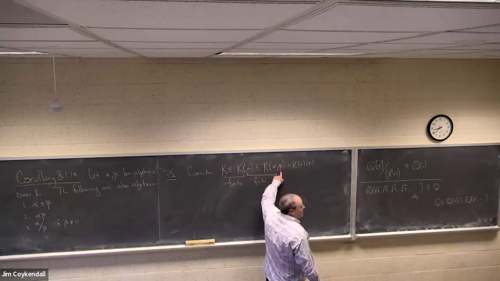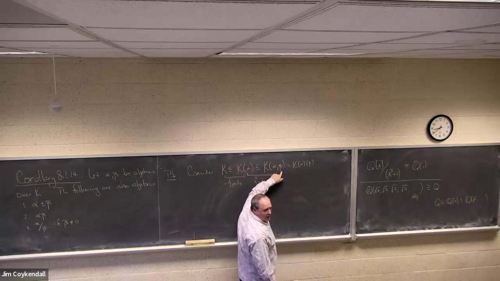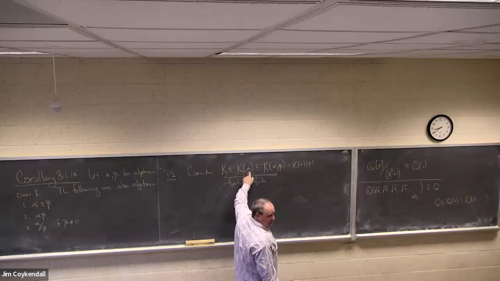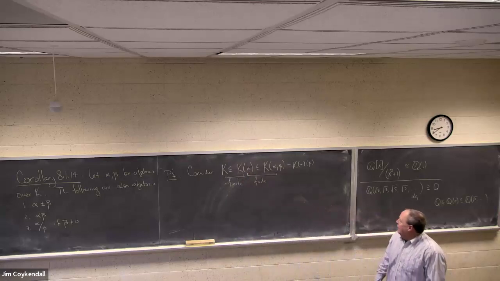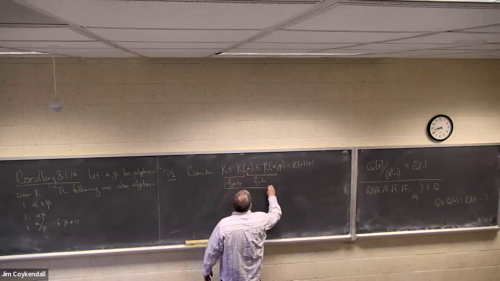Notice beta has a minimum polynomial over K, say of degree m, right? But I might not need a polynomial that big, because I just need to find the polynomial of beta over this field, which might be smaller. So the degree of this extension is finite.